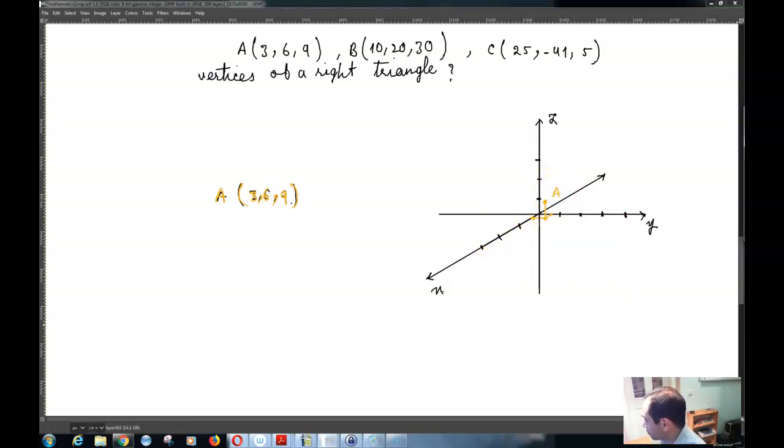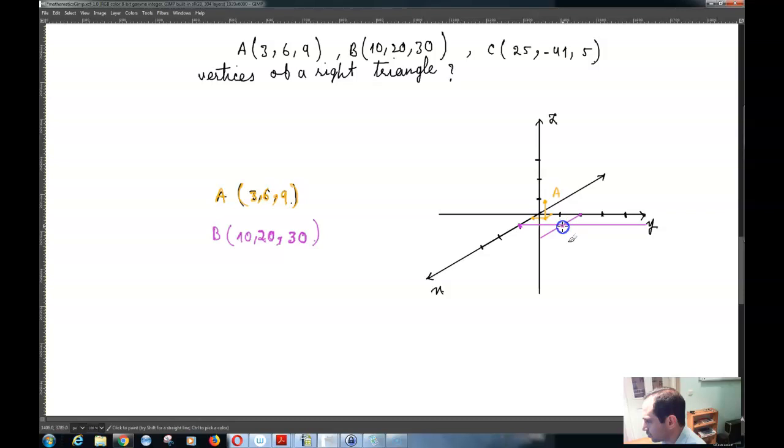With the same logic, you can plot this point over here, 10, 20, and 30. So 10 along the x-axis, and then if I draw a line parallel to the y-axis, 20 along this line, so 20 would be here along the y-axis.